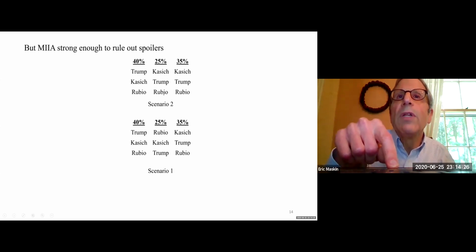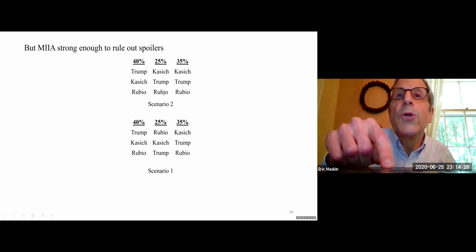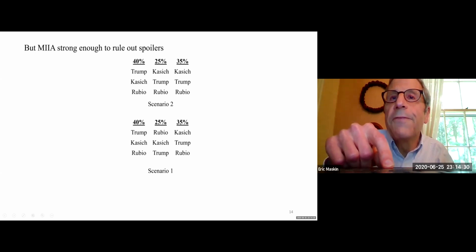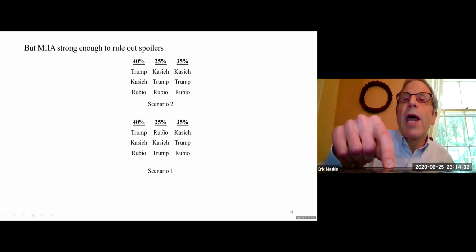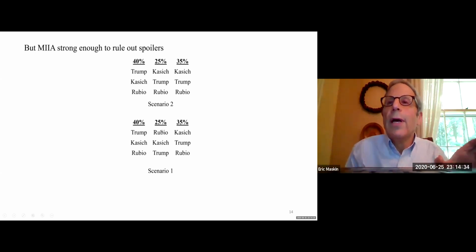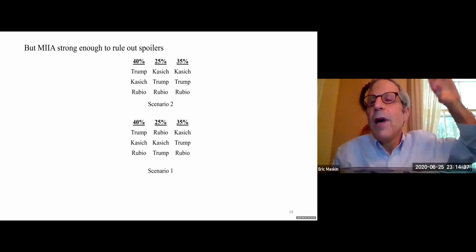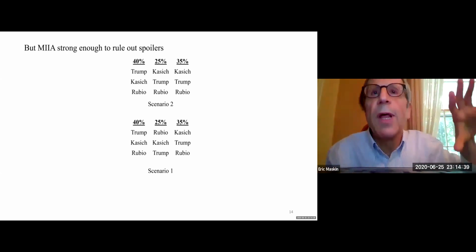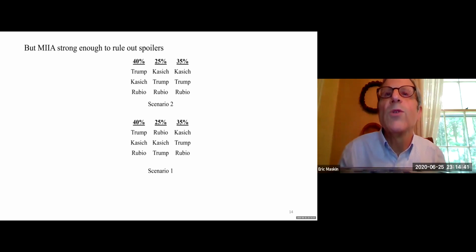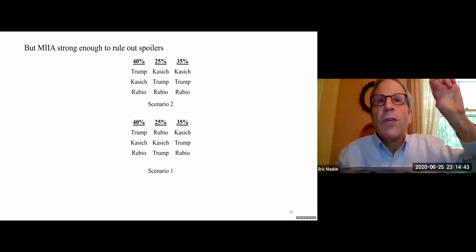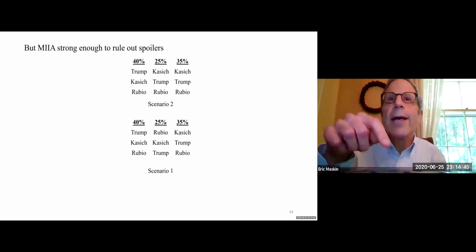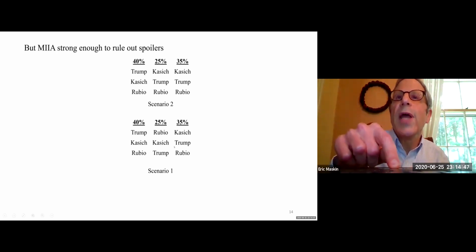Rubio is ranked below Kasich and Trump in scenario 2. Rubio is ranked above Kasich and Trump in scenario 1. And therefore, the conclusion of modified IIA does apply to scenario 1 and scenario 2. But the social ranking of Kasich and Trump has to be the same in both scenarios.